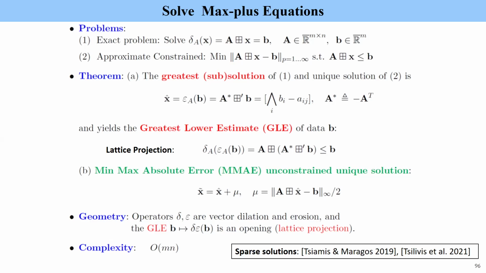The red one here, which I call the greatest lower estimate, which I explained before, comes from the adjunction. And if to this greatest lower estimate you add half of the L infinity error, you produce the green solution, which is the minimum max absolute error estimate solution, unconstrained. So the red is constrained because it's always from below. The green is unconstrained. Okay, they both have linear complexity.